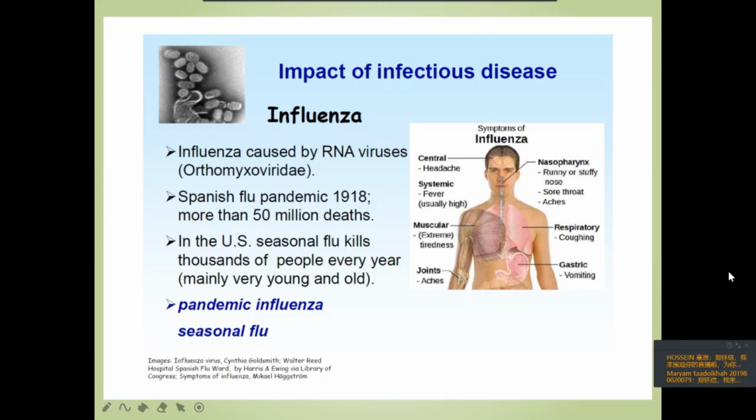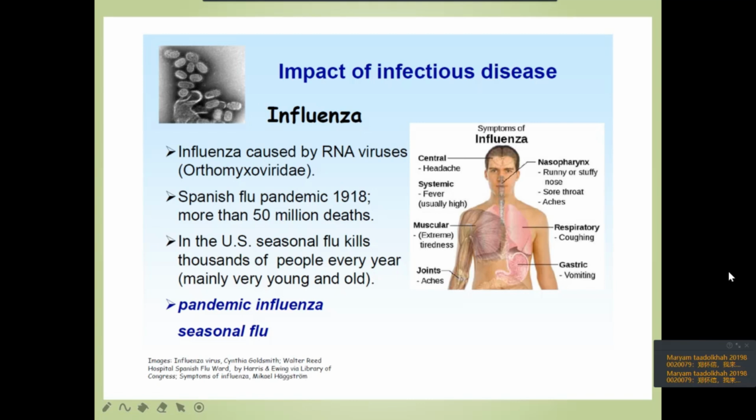Like what happened 100 years ago, from 1918 to 1919, the year of the end of World War I, there was a flu pandemic all over the world, called Spanish flu. Spanish flu was originally from North America, and the soldiers carried the virus from the USA to Europe, and it spread all over the world. During that pandemic, people estimated that more than 15 million people died due to flu. It's not a cold, it's due to flu.